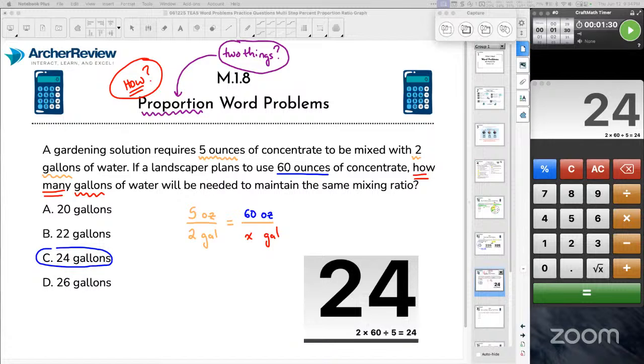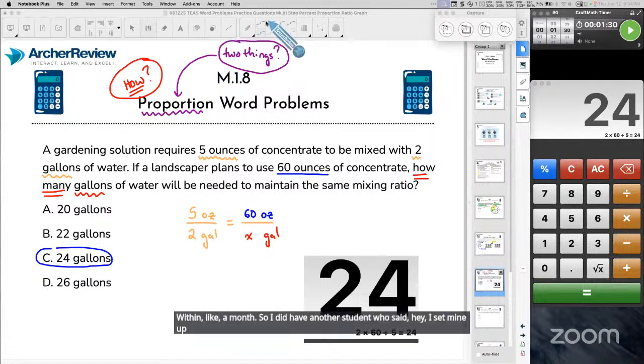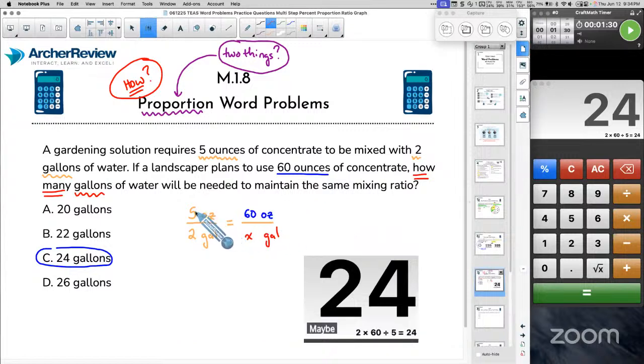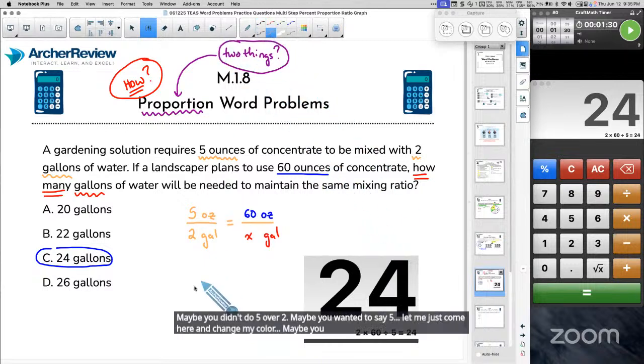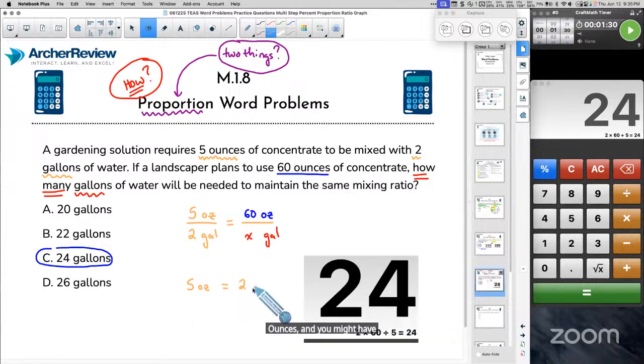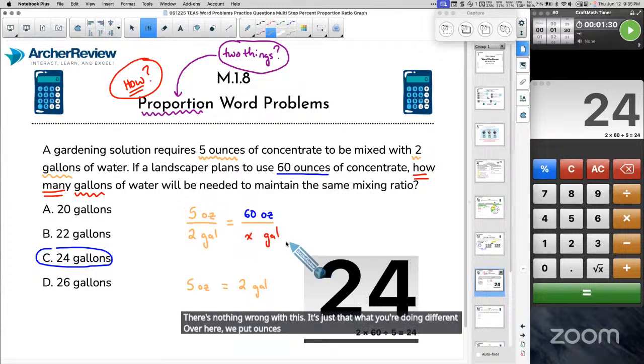So I did have another student that said, hey, I set mine up different. And 100%, let me just point that out. Maybe you didn't do 5/2. Maybe you wanted to say 5 ounces and you might have said 2 gallons. There's nothing wrong with this. It's just what you're doing differently. Over here, we put ounces at the top, gallons at the bottom. Now we have ounces on the left and gallons on the right.